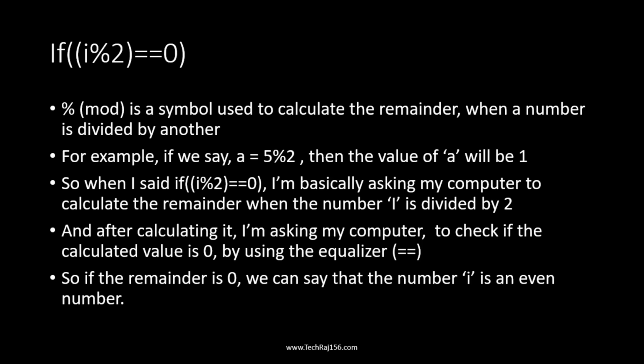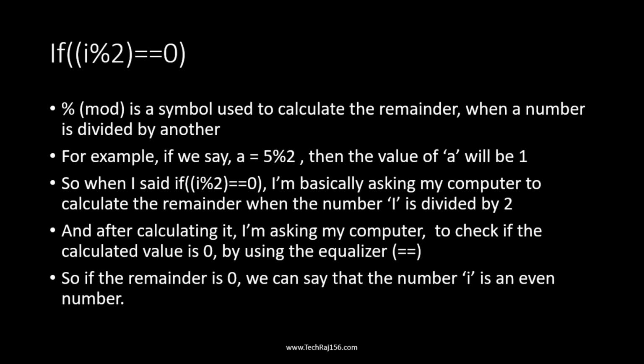So when I said if i mod 2 equal to 0, I am basically asking my computer to calculate the remainder when the number i is divided by 2. The number i is a small letter there, so please excuse me for that. So anyways, when I'm writing this conditional statement, I'm basically asking my computer to calculate the remainder when the number i is divided by 2.